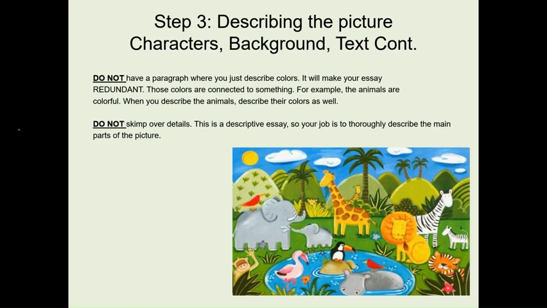What subject would you try to find to complement this picture? If you look at it, you have to just logically think about it. It's a whole bunch of animals. It looks like they're in the jungle. So I may want to find an article about the jungle or wildlife or nature. That's one source you can find, and then pull quotes from that source and put them in your paper.